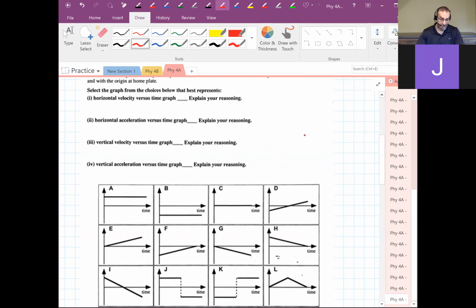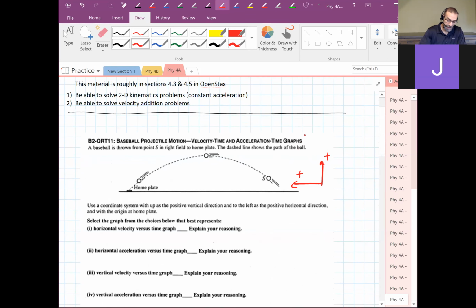Okay, so one more time. The ball is being thrown from the right side of the page toward home plate on the left side of the page. Up and to the left are positive directions.